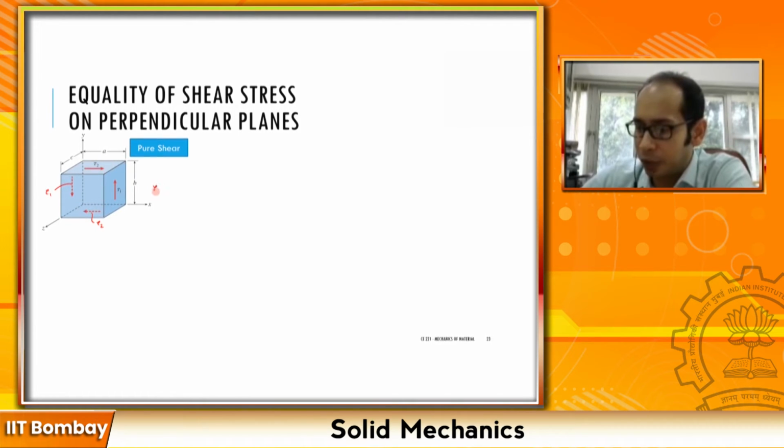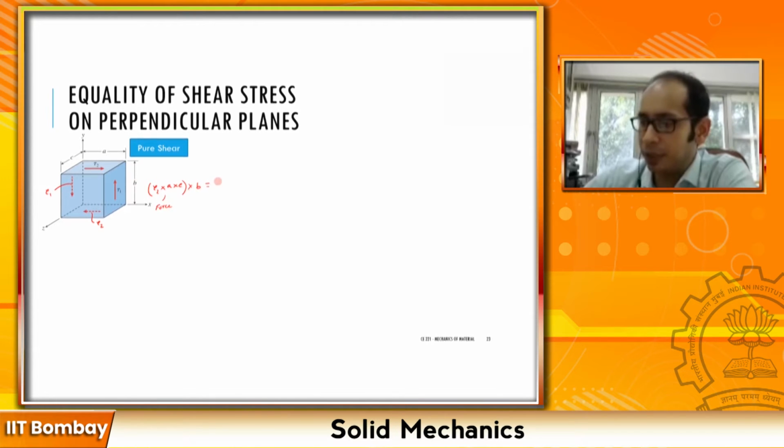So you have tau 2 times A times C, right? And this is the force which is acting. So if I have to construct the couple over here, this is the force times the distance B, right?